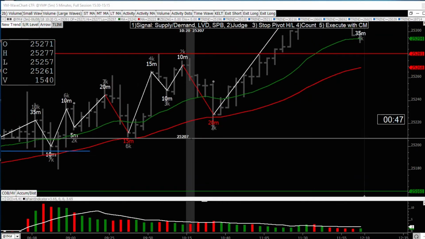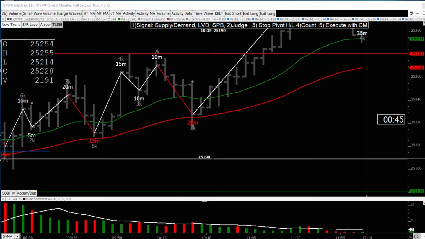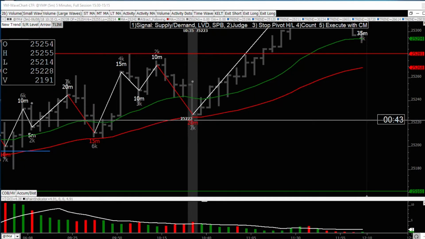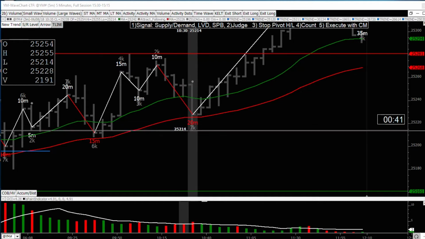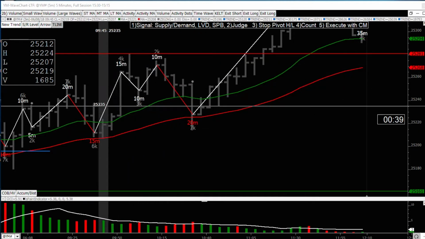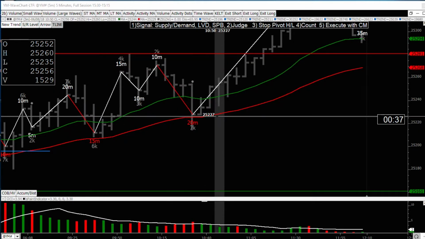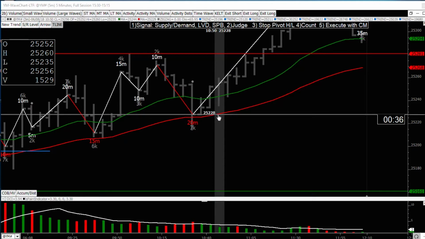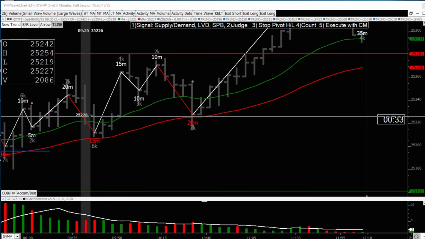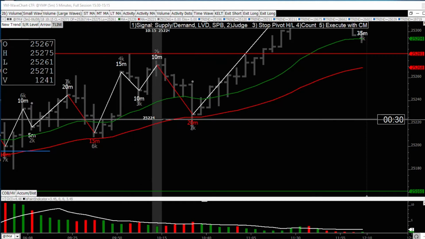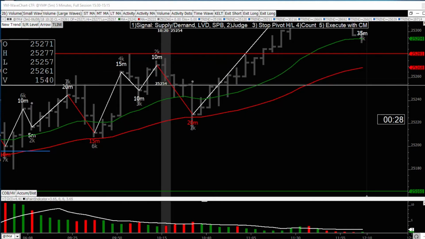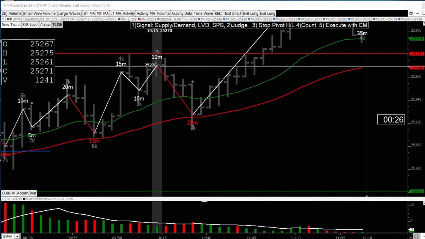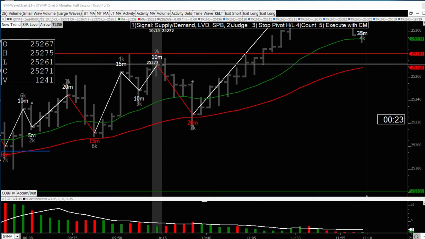Here you kind of get concerned because this volume is heavy. Relatively speaking. But again, it is heavy, but it does not take out support, it tests support. The volume here is heavy, and I see this a lot of times, and it kind of suckers people in, where there's going to be a strong wave.